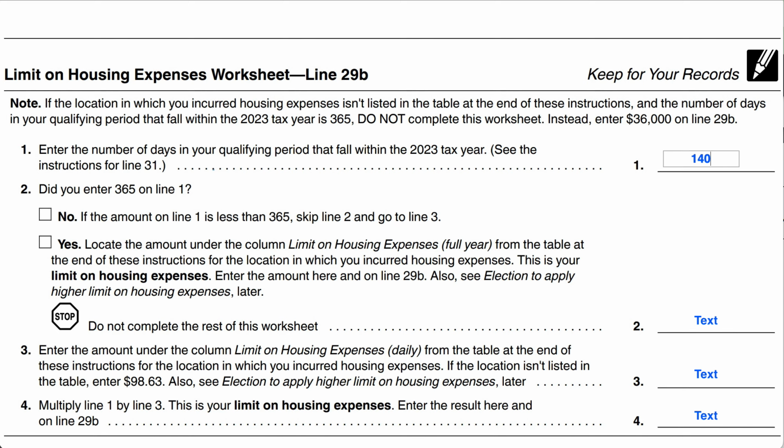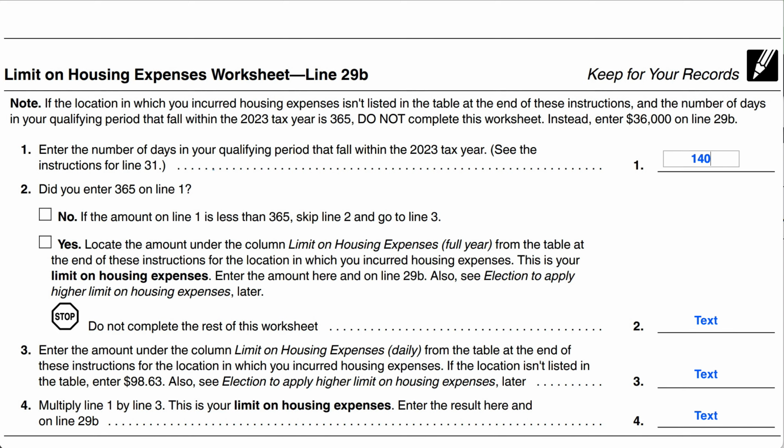So go to line 2. If you entered 365 in line 1, you would simply locate the amount that you would be entitled to put into line 29B from the back of the form instructions. Let's imagine that you lived in Luxembourg during this time. Actually, let's pick another extreme example, because Luxembourg is on the low end of this exclusion.